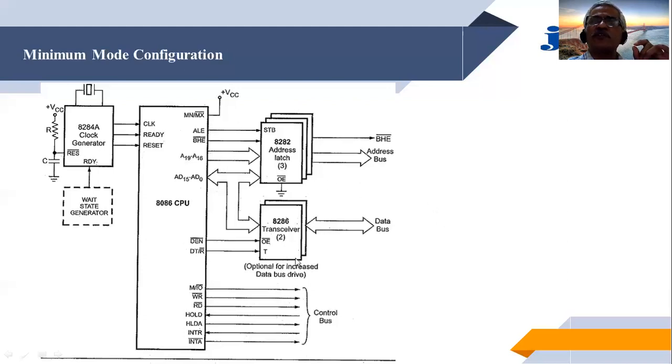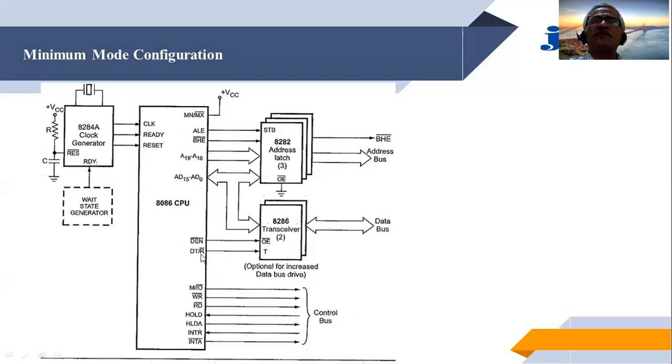So what we need for this kind of selection is an IC called the transceiver IC 8286. The control line from the processor, DEN, data enable, enables this particular chip, and DT/R bar is connected to the T line.